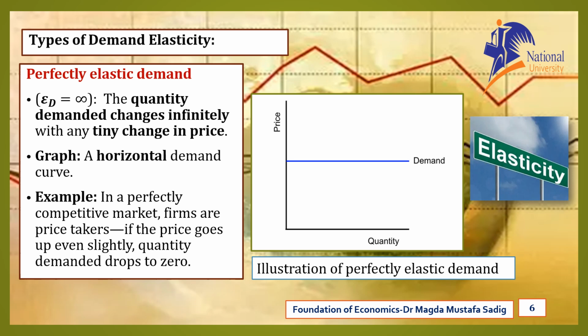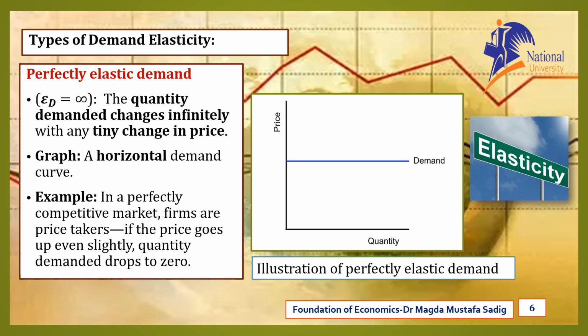For example, in a perfectly competitive market like farmers selling identical tomatoes, if one farmer raises their price just a little, customers will buy from others instead, and the farmer's sales drop to zero.